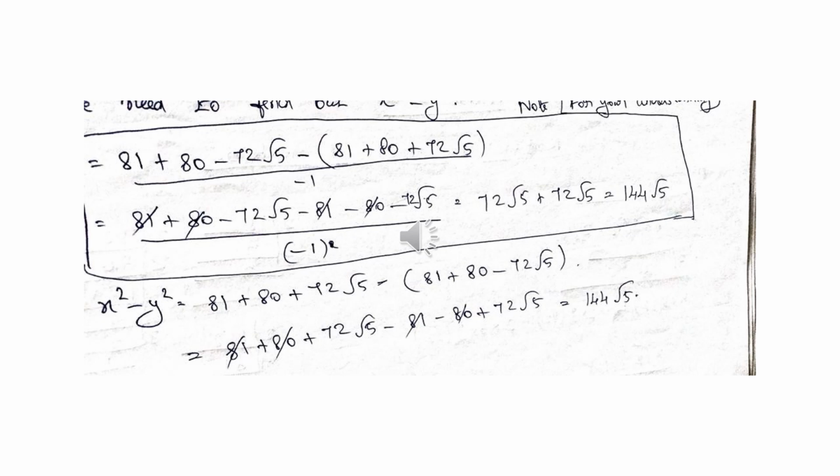Okay, now this is 1 by x. So what they have asked is x minus 1 by x the whole cube. So we should write x minus 1 by x the whole cube is equal to, we know this one is the x, 1 by x.